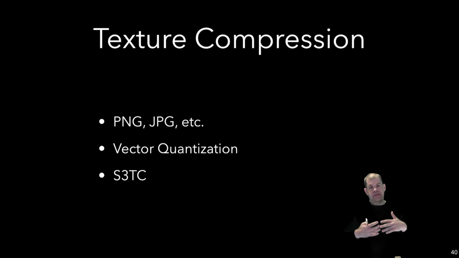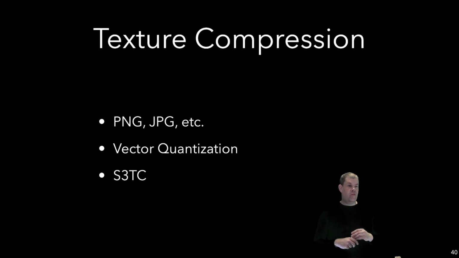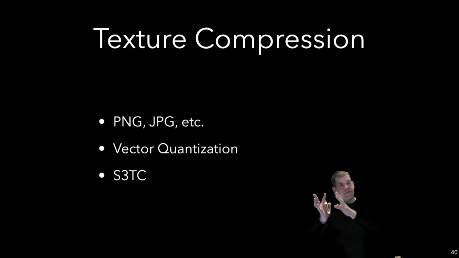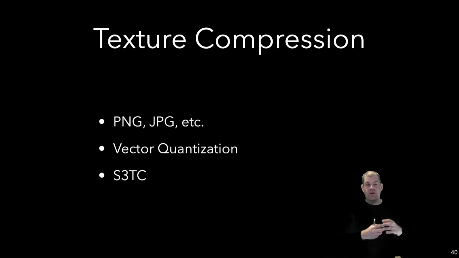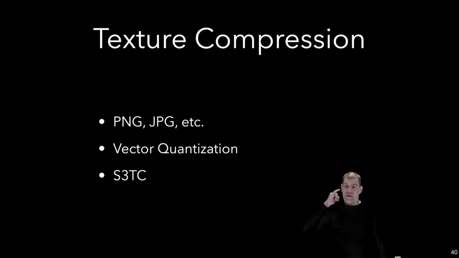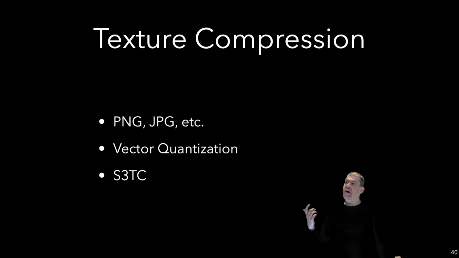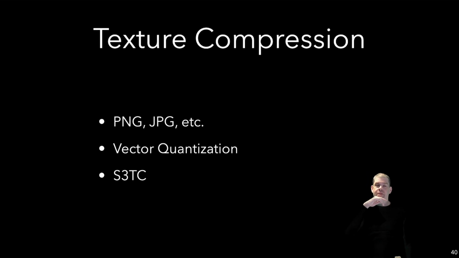And at least at the time when this method was invented, there wasn't any easy access to the JPEG decoding hardware. So the authors decided to pick a technique that works transparently on a graphics card, and they decided to go for S3TC, which stands for S3 texture compression. S3 was a company that was bought by, I think it was NVIDIA. It was either ATI or NVIDIA, and ATI was later on bought by AMD. I'm not sure, I think it was actually ATI.